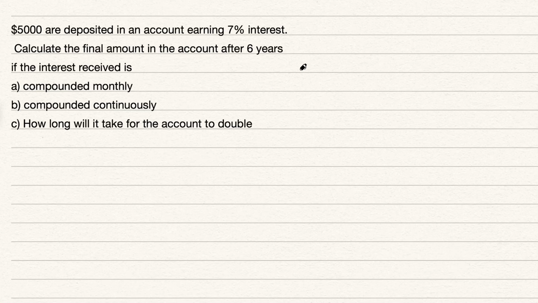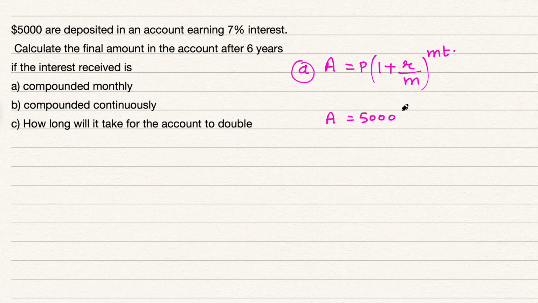So our formula for A will be amount is equal to principal times 1 plus r upon m, raised to mt. So amount is equal to, principal amount is 5,000, 1 plus 7%, and that will be divided by 12, because you are going to get interest 12 times in a year.